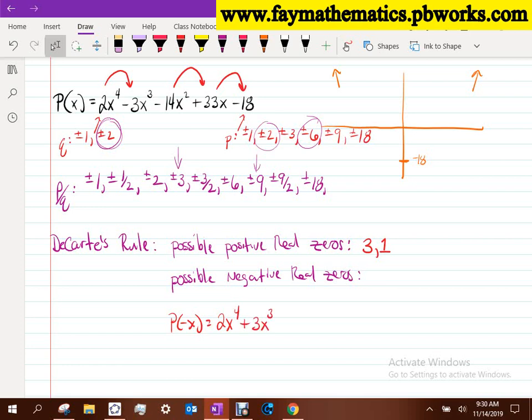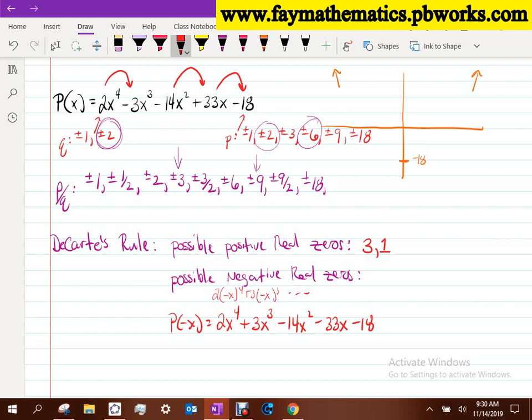Negative X squared is positive, times the negative out front is negative, so negative 33X, and then minus 18. So I didn't have to write the line where it's 2 negative X to the 4th plus 3 negative X to the 3rd. You can if you want, but hopefully we're a little bit beyond that.